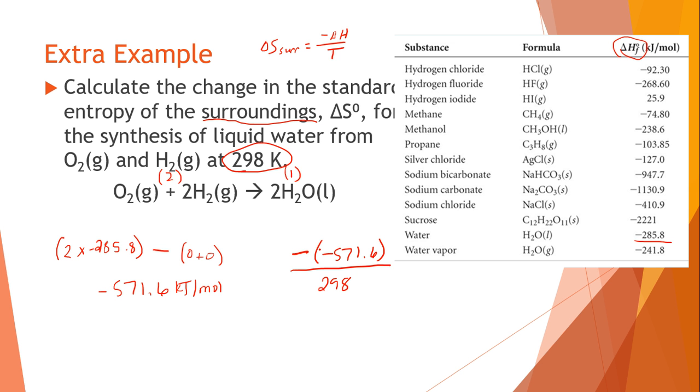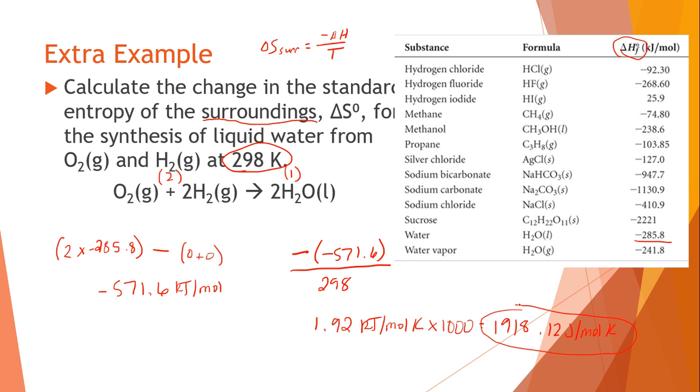So positive 571.6 divided by 298 gets me 1.92 is what it rounds to, kilojoules per mole Kelvin. Again, we want this in joules, so we're going to times it by 1,000 to get 1918.12 joules per mole Kelvin as your final answer.